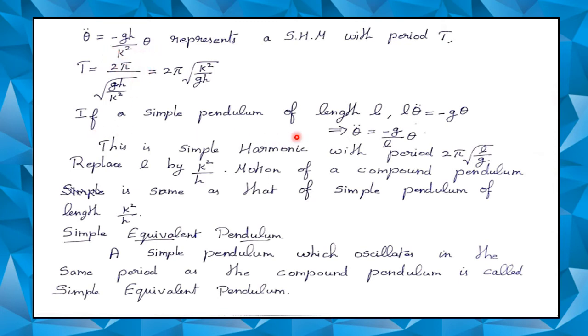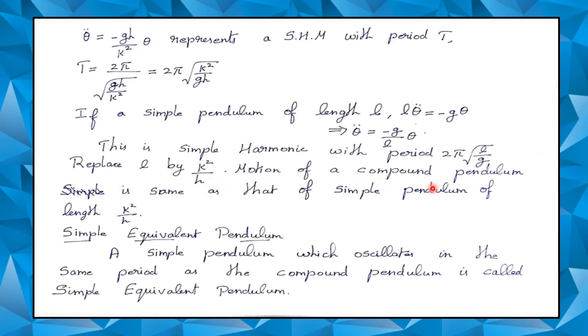And also, for a simple pendulum of length L, L theta double dot will be equal to minus g theta, so that theta double dot will be equal to minus g by L theta. So this is also a simple harmonic equation with the period 2 pi into root of L by g. Now replace L by k square by h.